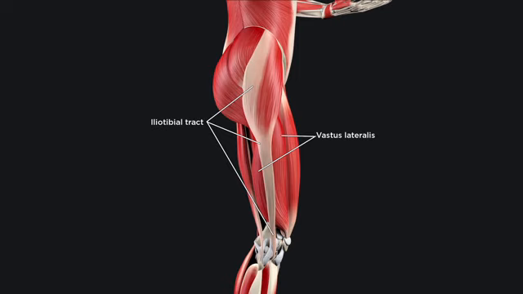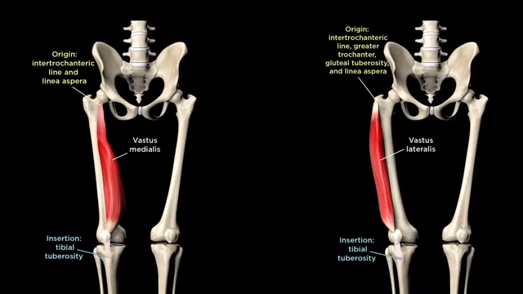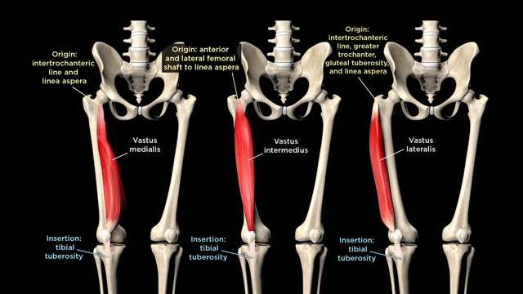The vastus medialis originates off the intertrochanteric line and medial aspect of the linea aspera, but the bulge of its muscle appears much closer to the knee, where it joins the quadriceps tendon. The final member of the quads, the vastus intermedius, can't be seen at all from the surface because it is deep to rectus femoris.